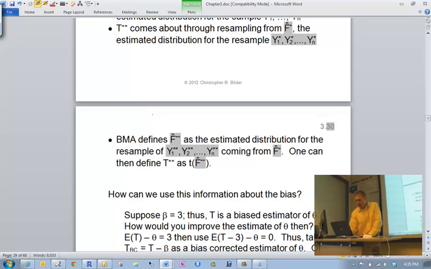You can think of this T star star then as a statistical function, T of F hat star star. Again, think about what that means. This is the EDF of a resample from a resample. Or you can think of it as EDF of a re-resample, if we were going to use that terminology instead.